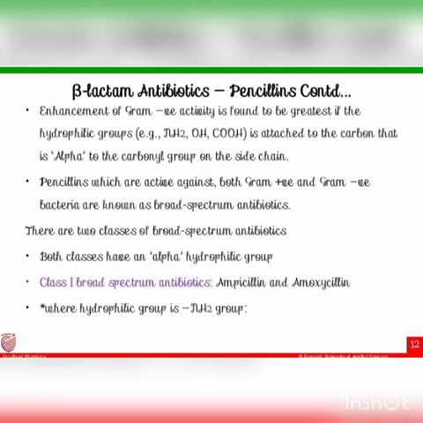There are two classes of broad-spectrum antibiotics. Both classes have an alpha hydrophilic group. Class 1 broad-spectrum antibiotics: ampicillin and amoxicillin, where the hydrophilic group is an NH2 group.